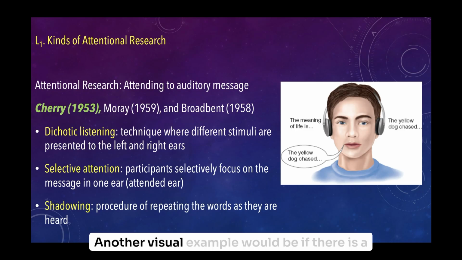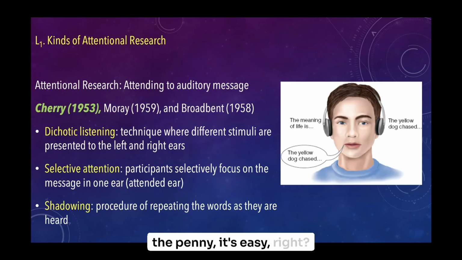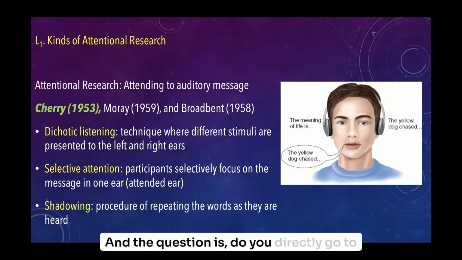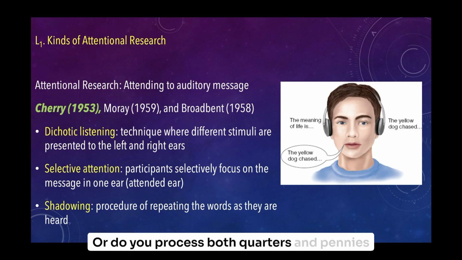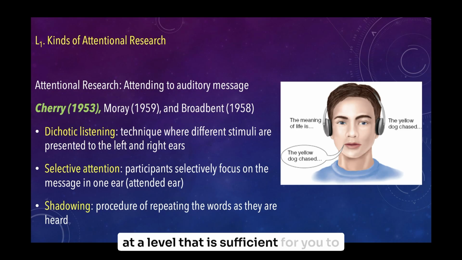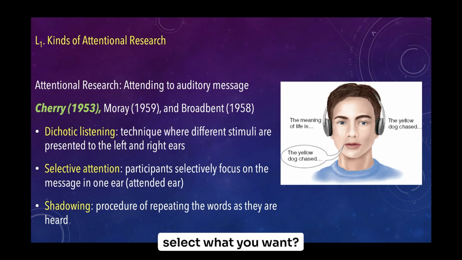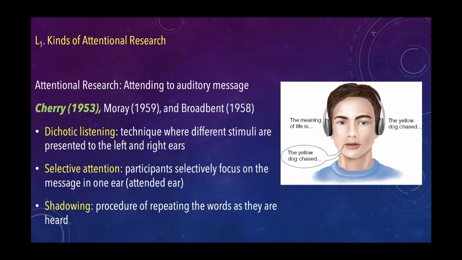Another visual example would be if there is a bunch of pennies and there are quarters, and you're asked to get the quarter from the pennies, it's easy, right? And the question is, do you directly go to the quarter, or do you process both quarters and pennies at a level that is sufficient for you to select what you want? So that is the question.